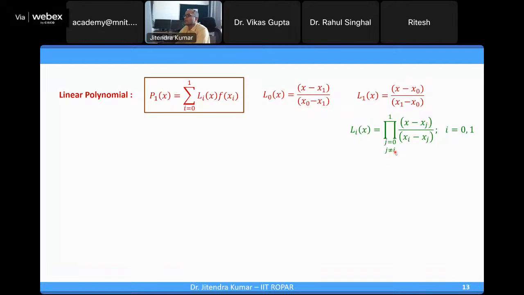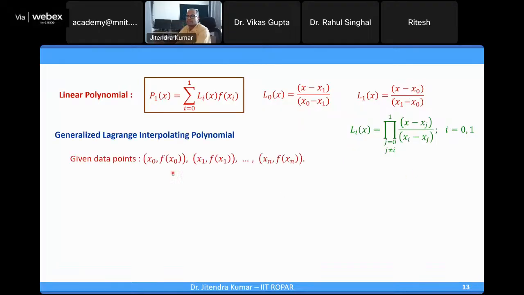And since j cannot be equal to i, we will not go with any other, so there is no product as such, only one term will come. And when j is 1, then you will get L1 basically. Well, just generalizing here without going much into the details, we have the given data points x0, f(x0), x1, f(x1), and so on. For two points, we have seen it in detail.